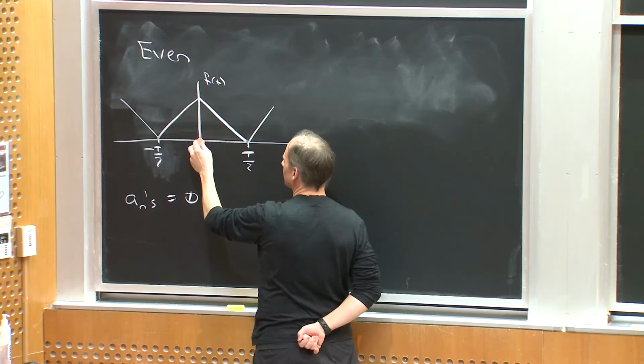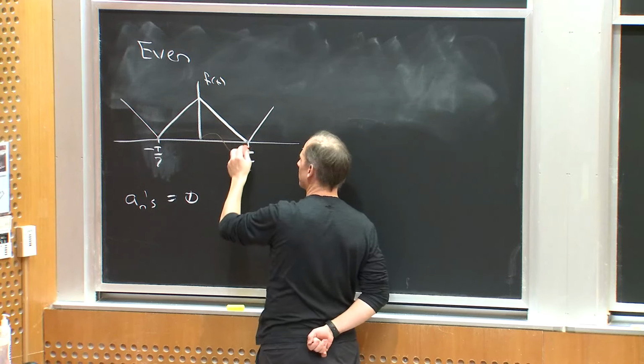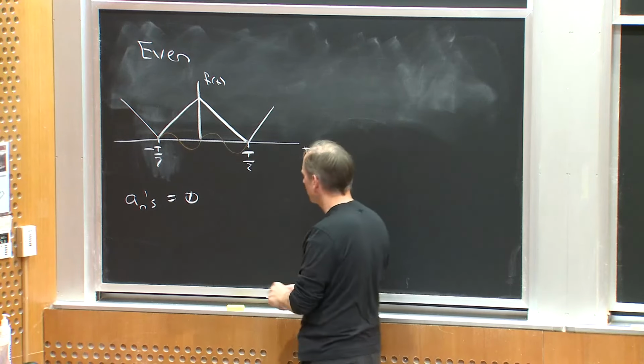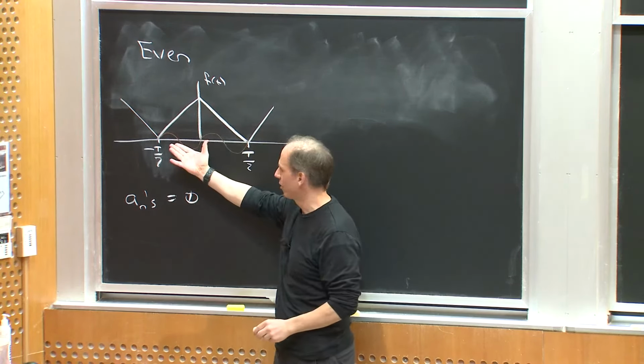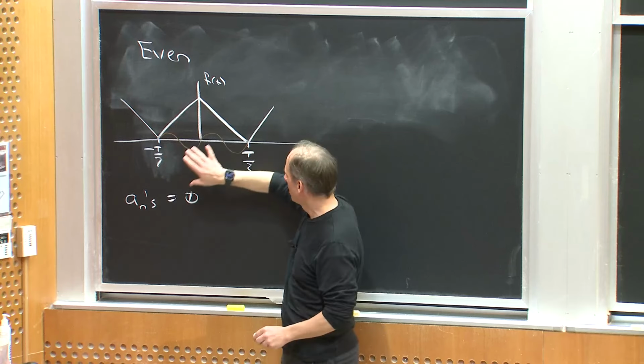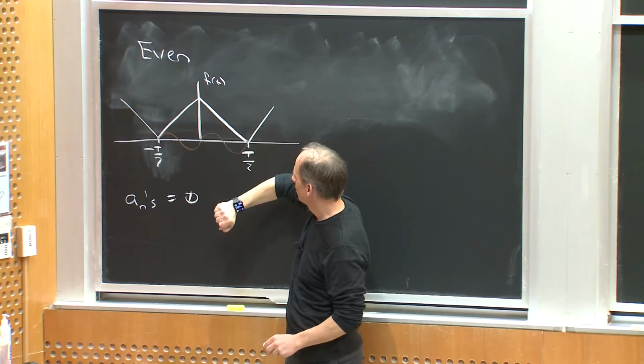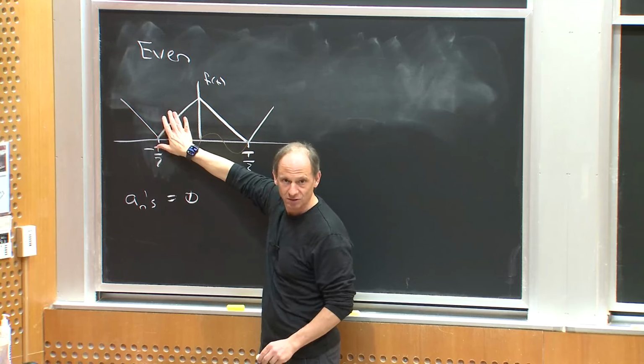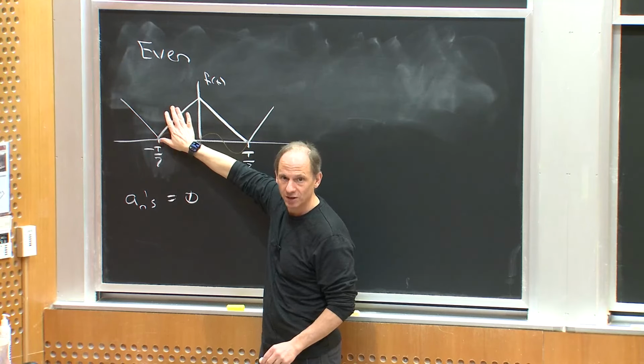So if I multiplied it by sine omega t, maybe I'd be multiplying it by something that looks like this. And then I'd take the white and the orange and multiply them and integrate them. And whatever's over here is exactly the negative of what's over here, and I get 0 when I integrate it out, okay?